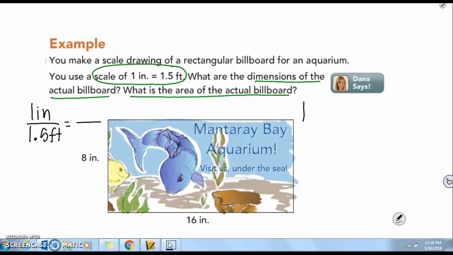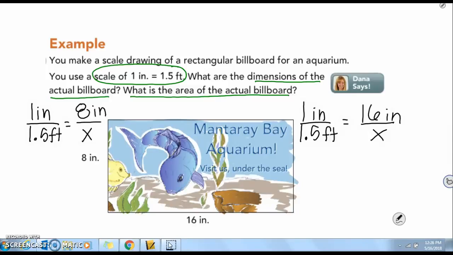I'm going to write this scale twice because I'm going to set up 2 proportions in order to find the dimensions for both 8 inches and 16 inches. Since I'm looking at my model size and I'm trying to find my actual size, X goes on the bottom of our proportions. We can have 8 inches and 16 inches set equal to the model size.